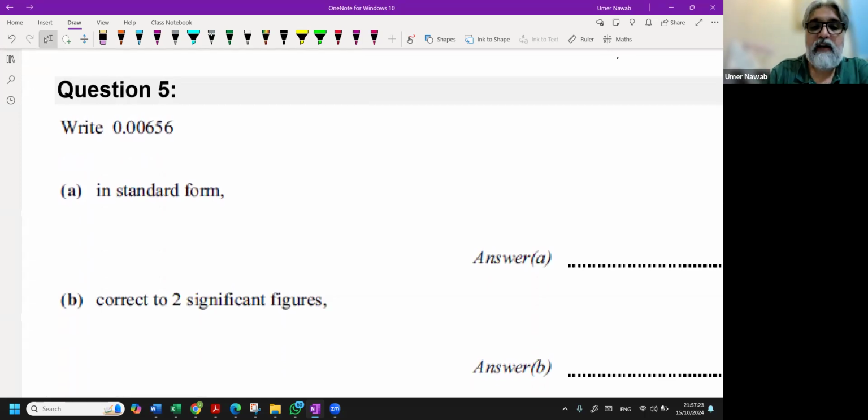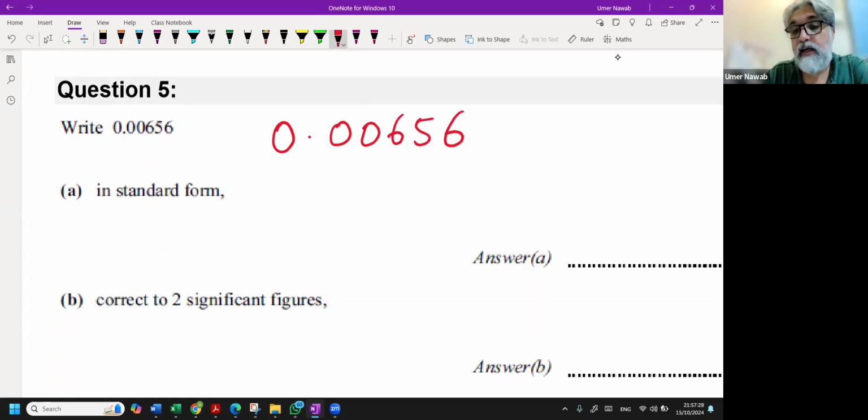Question number 5, I have to write this number 0.00656 in standard form. As you remember, standard form is a number which is always between 1 and 10. So push the decimal from here in between 6 and 5. Whenever you do the push, you have to feel the opposition, and when you move to the right, you will get a negative power.